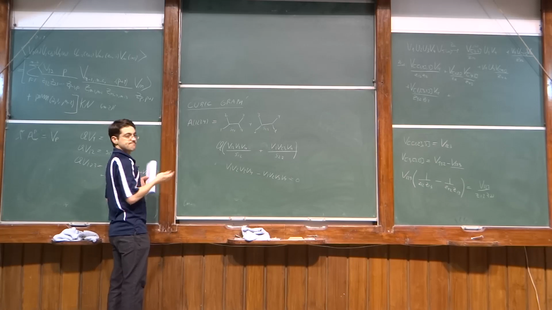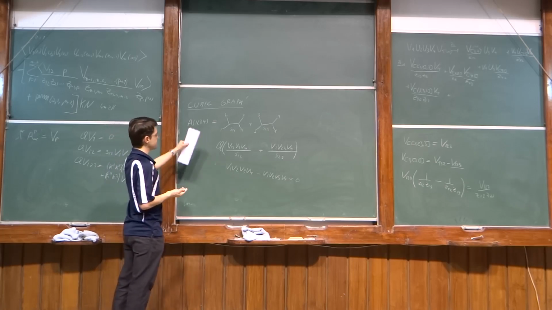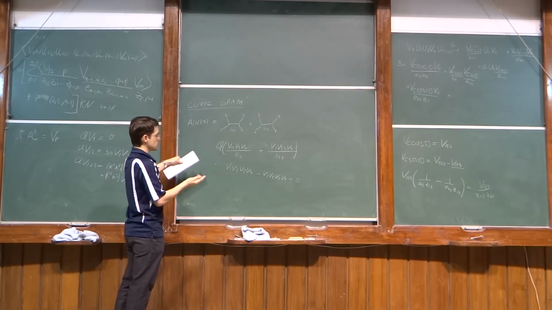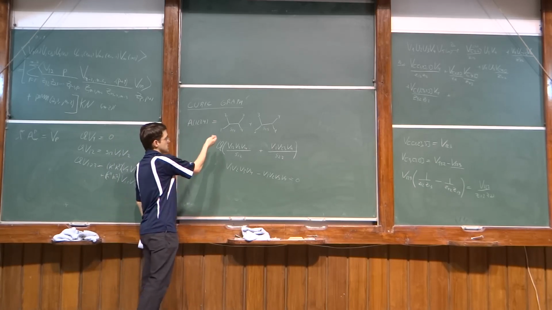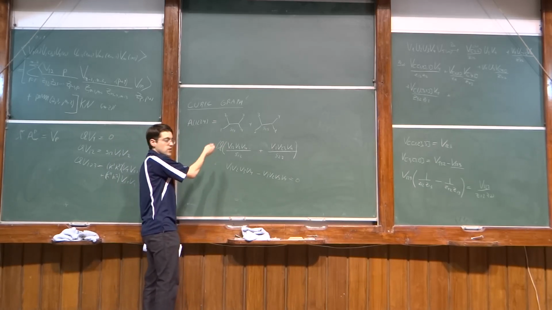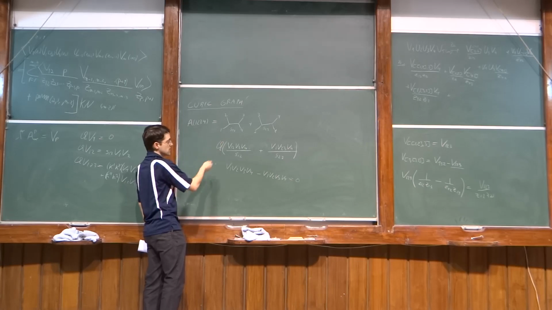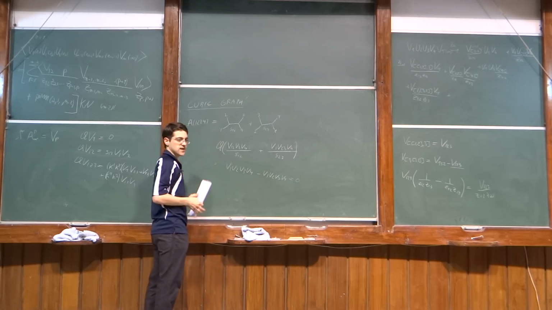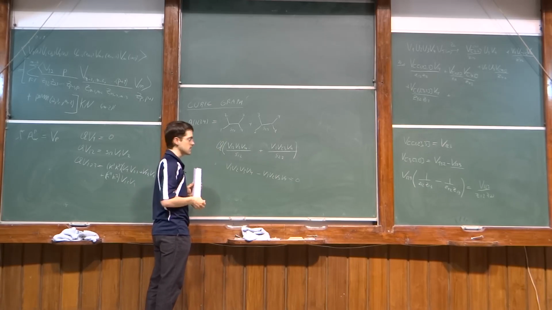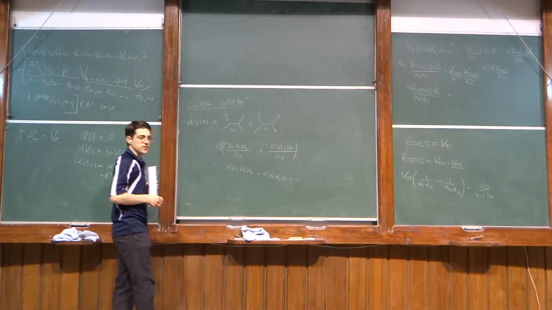So the idea is really to see that the amplitude has the correct pole structure and it's supersymmetric and gauge invariant. So it should be the correct amplitude.